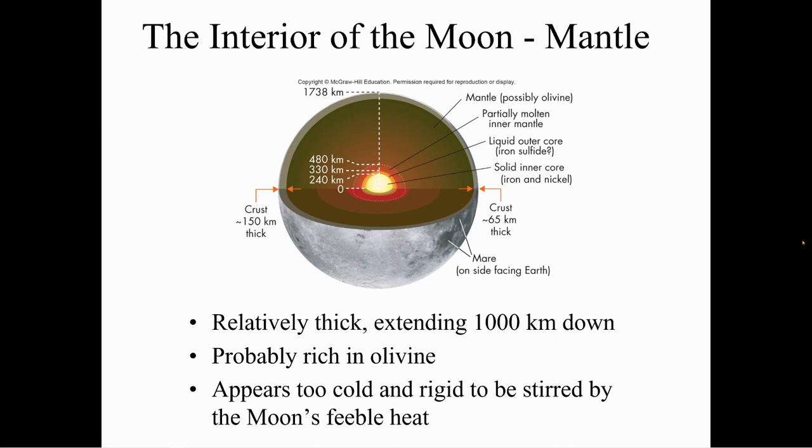The reason is that when we put down the seismographs, and it is hit by a meteor or an asteroid, and yes, we've done this on purpose, just like we have done it on Earth with nuclear testing, they've shot rockets into the moon to see what the seismograph picks up so they can tell what the interior is like.